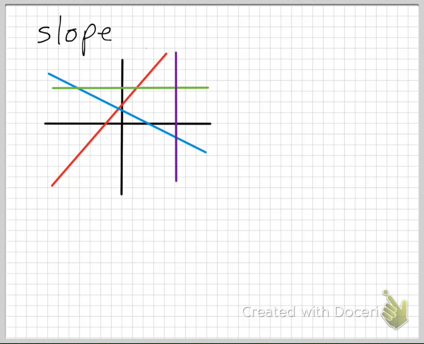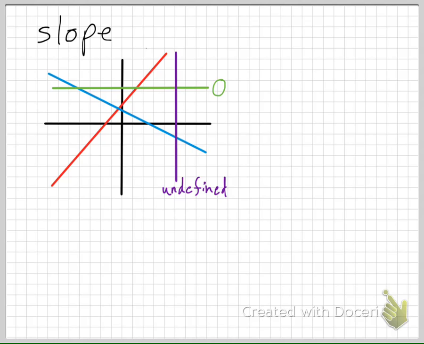No. No. No. It is a vertical line, but the slope here is undefined. Alright, so we have undefined slope, which are vertical lines. We have a 0 slope, which are horizontal lines.